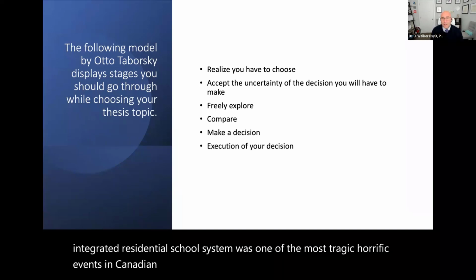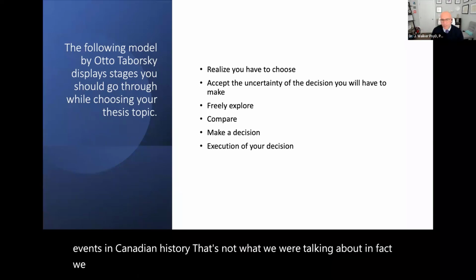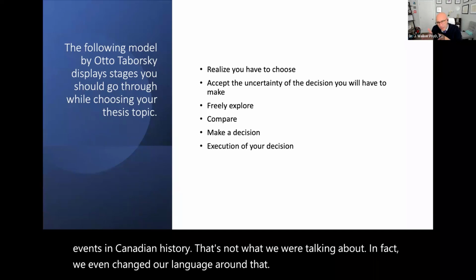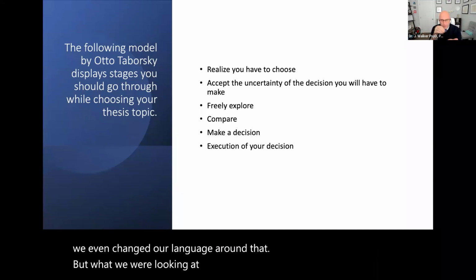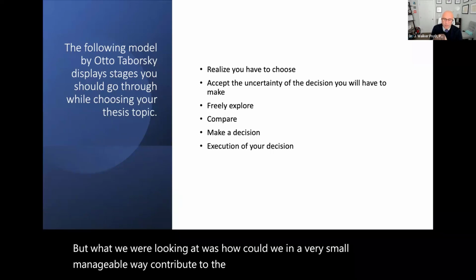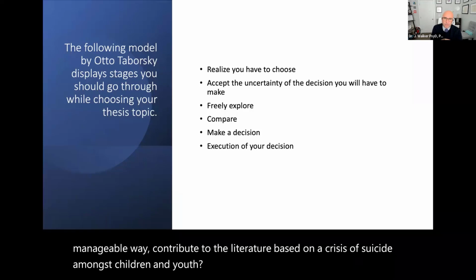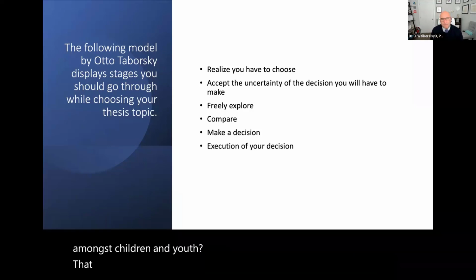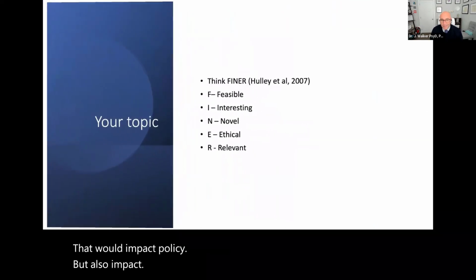And that's not what we were talking about. In fact, we even changed our language around that. But what we were looking at was how we could, in a very small, manageable way, contribute to the literature based on a crisis of suicide amongst children and youth, that would impact policy, but also impact practice.